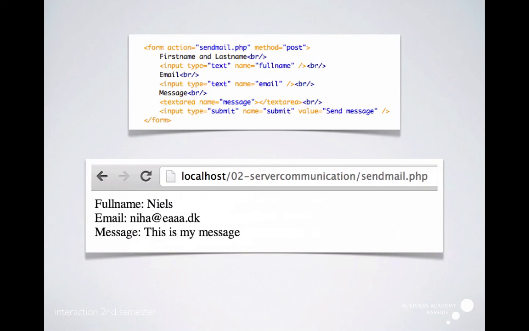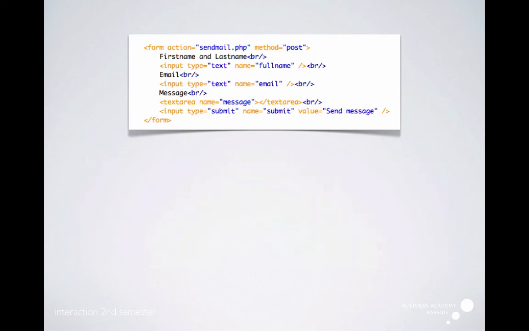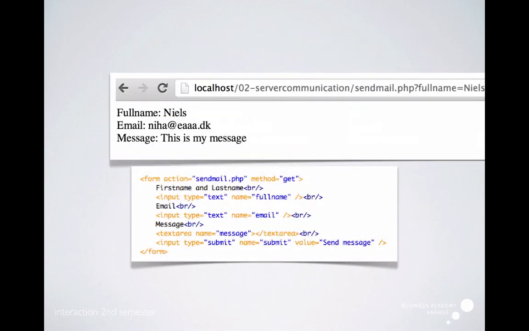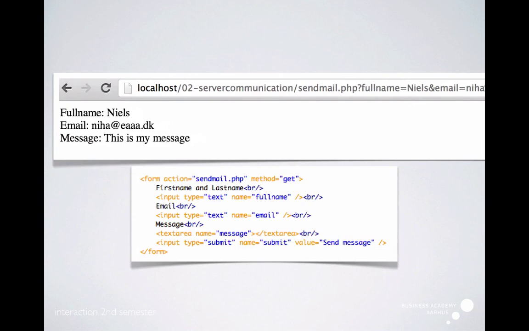When we have a look at the get form, it's kind of different because we can display, of course, all the data we want. We can retrieve the full name, the email, and the message. But in the URL, something is different, and that's what I'm talking about when I talk about exposing what has been sent.